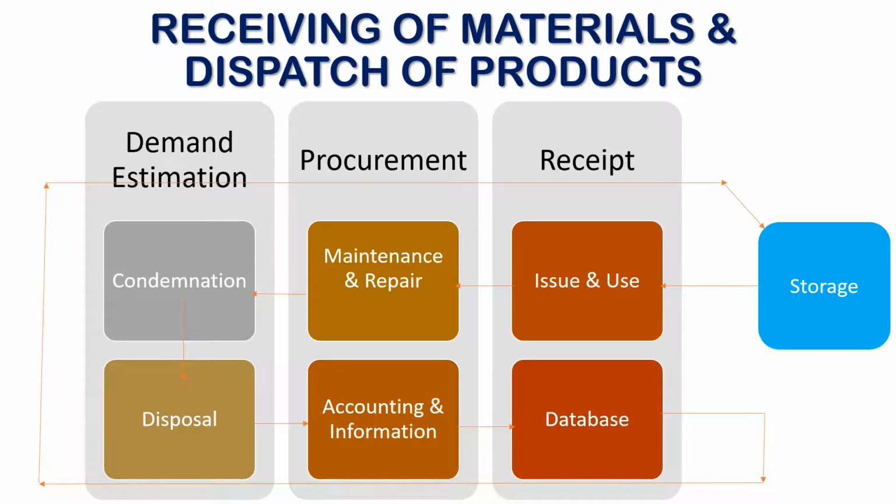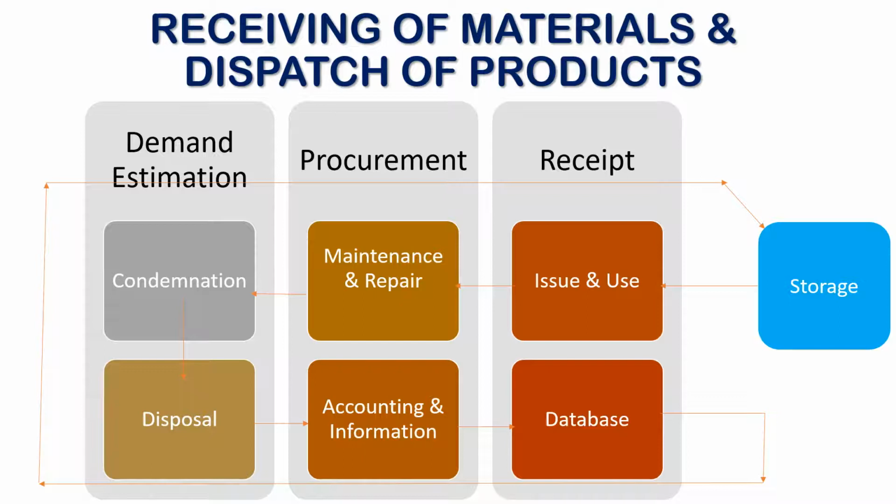If any article, machinery, equipment, or instrument is not working properly, then it goes for maintenance. If there are expired medicines or machinery not working, then it should go for disposal. But everything going from the warehouse should be informed to accounting for database preparation.